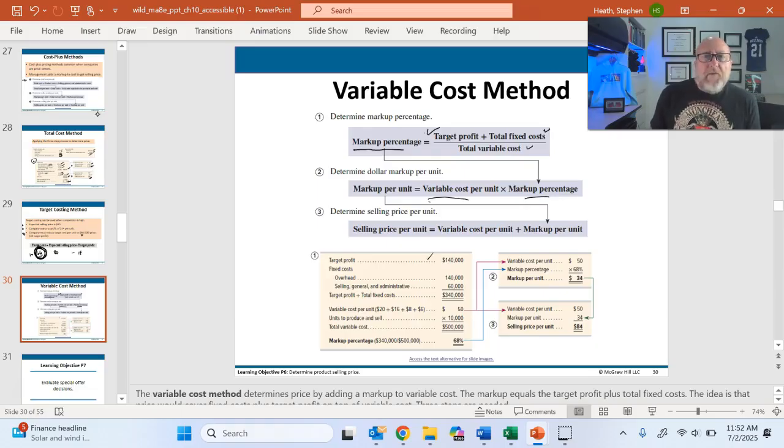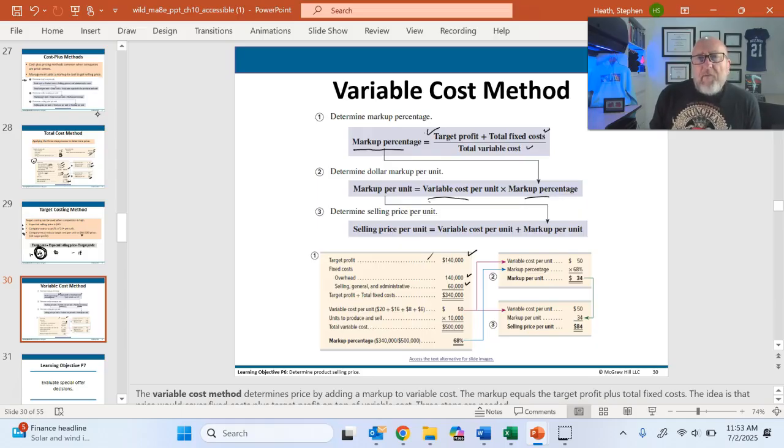So let's see if we can figure that out. Let's do markup percentage first. So first we would have to figure out our target profit. So target profit, 140,000. Fixed costs: we have overhead of 140,000, selling and general administrative expenses of 60,000.